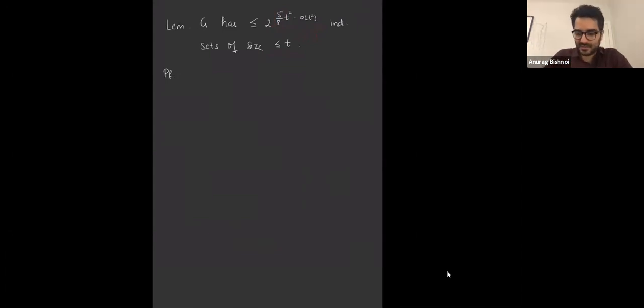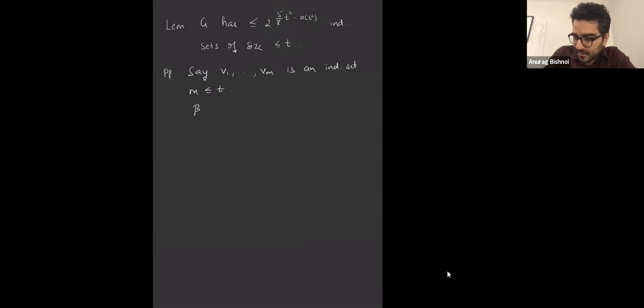What do the independent sets look like? So say V1 up to Vm is an independent set. Here I mean independent in the graph, right? Not linearly independent. So say we have an independent set in the graph and m is less than or equal to t. Then what do we have?